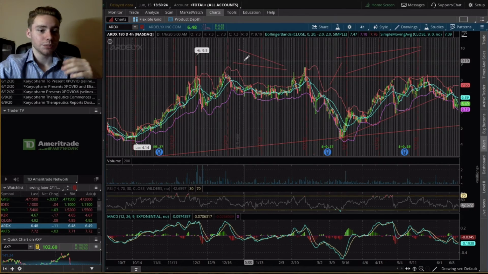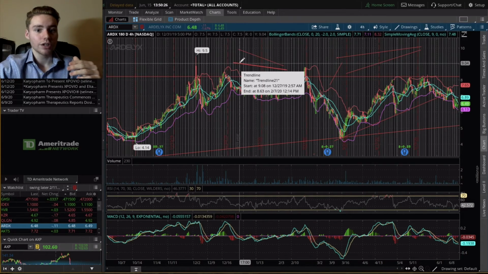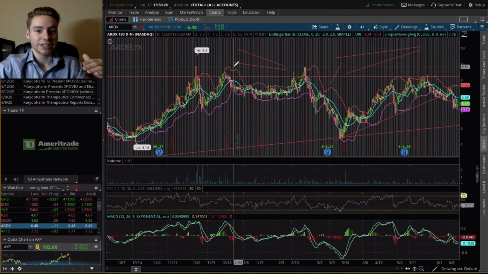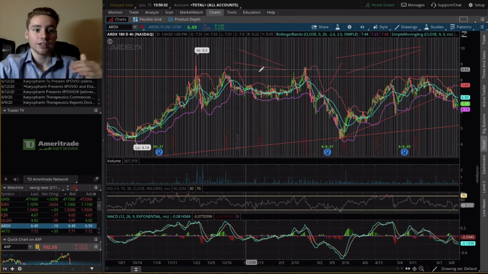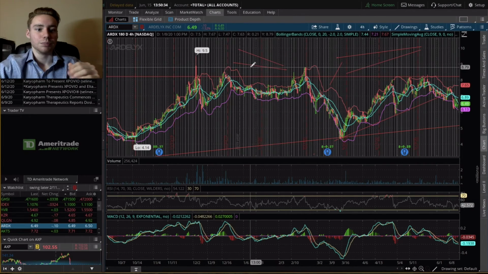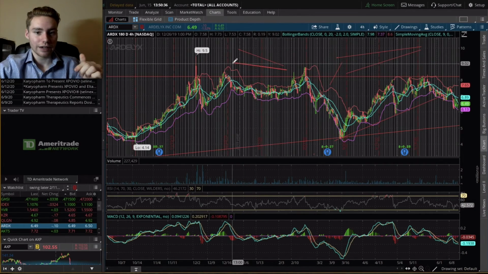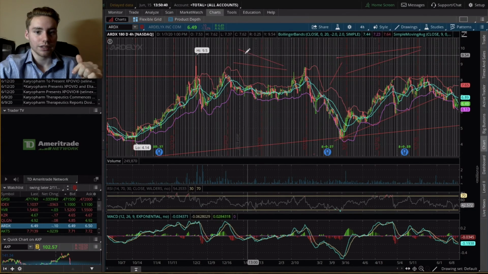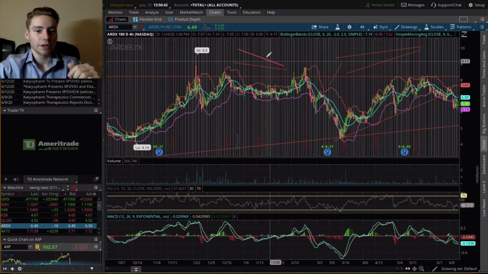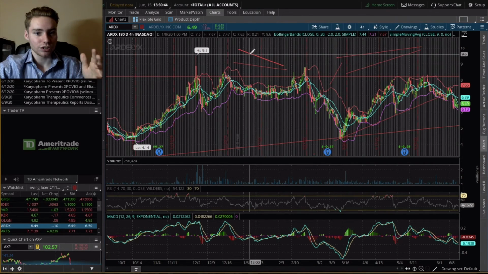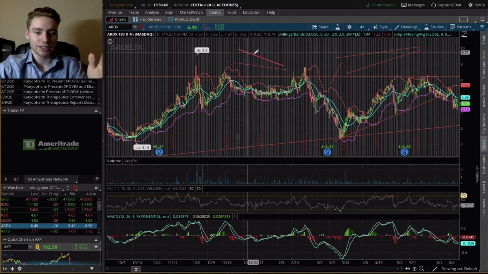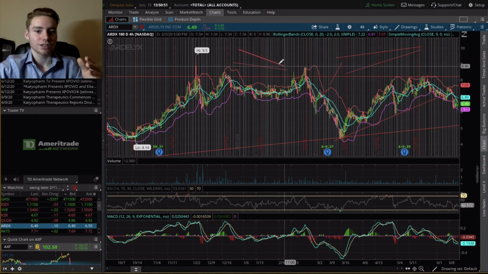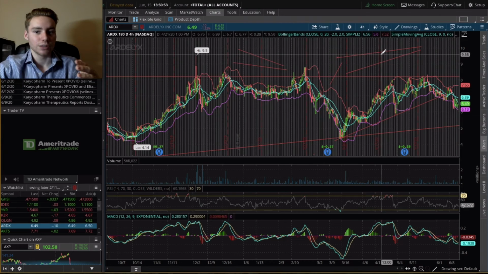It's not to be confused with the descending triangle where the resistance line is sloping down and the support line is flat, because both lines are going down. You can see it starts here and goes down here, and this line starts up here and goes down here, but one has a much greater slope. So in this regard, the resistance line would have a much greater slope, and this is considered a falling wedge, and this a rising wedge.